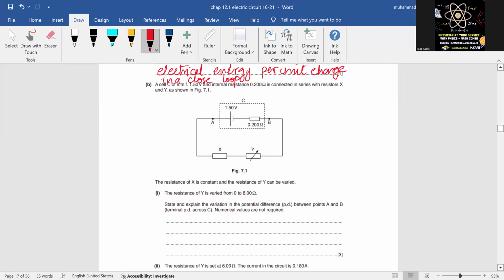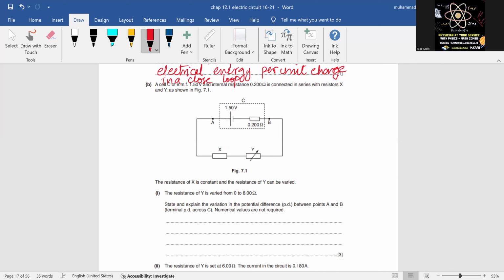A cell C of EMF 1.5 volts and internal resistance 0.2 ohms is connected in series with resistors X and Y as shown in figure 7.1. The resistance of X is constant and the resistance of Y can be varied from 0 to 8 ohms.